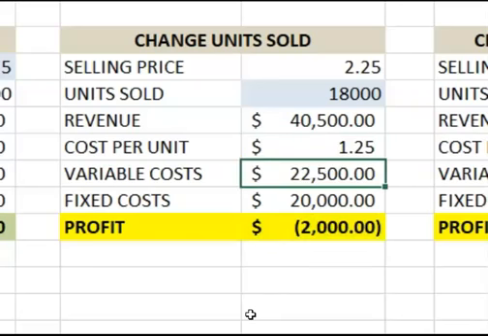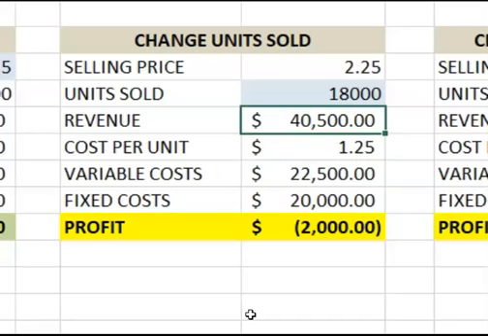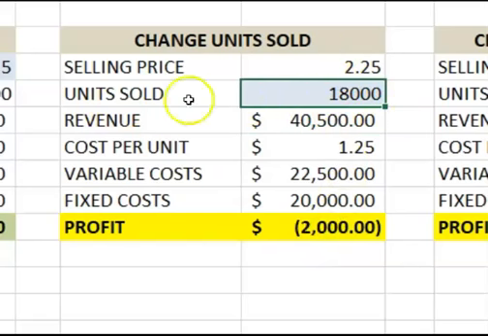But you'll see here, now I'm losing money again. So what do I do? I'm going to sell more units to create a profit, but to sell other units, how do I do it? I have to increase variable costs or fixed costs possibly.